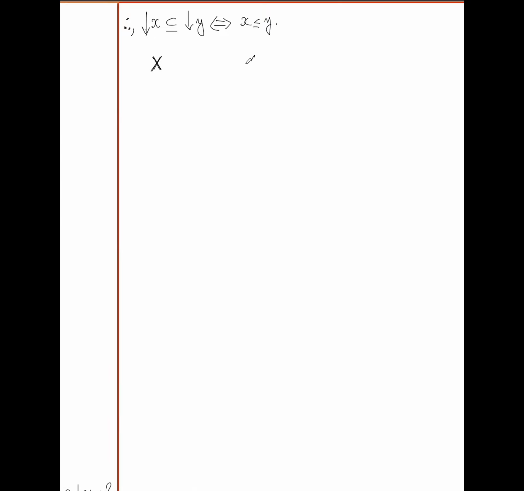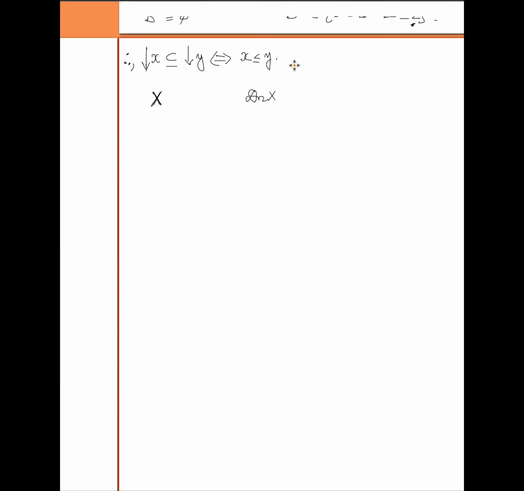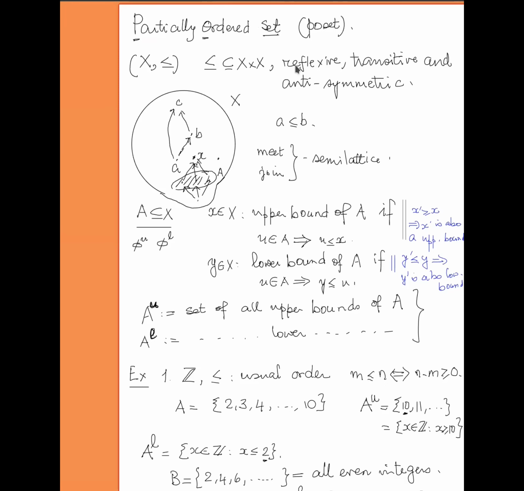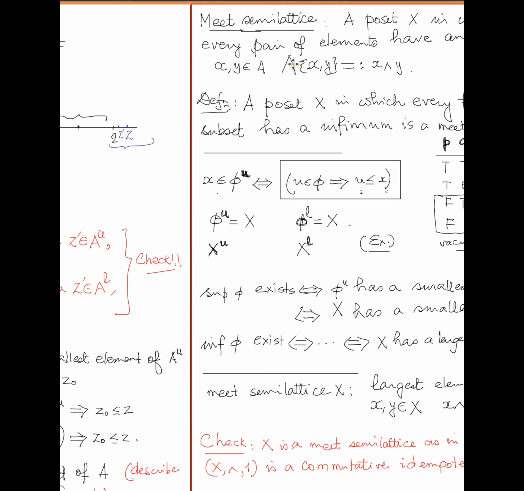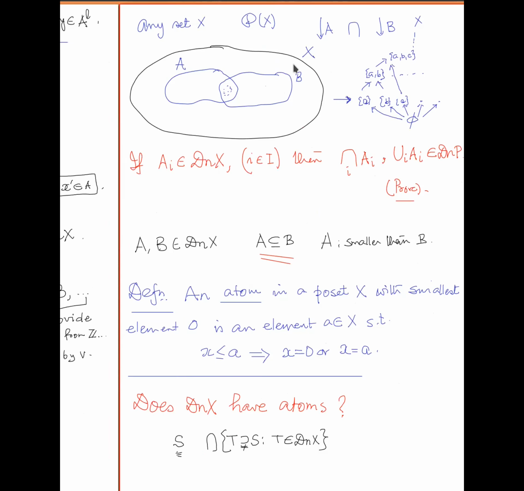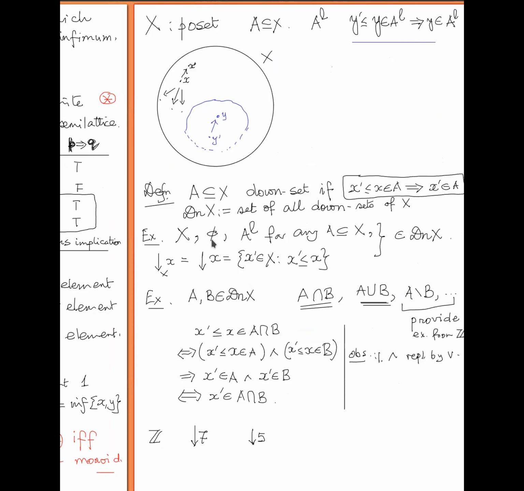And I look into its downsets. Now this downset seemingly is, as we have seen already, also a poset. This has a smallest element. Where does it go? The empty set. This is the largest element, the whole set.